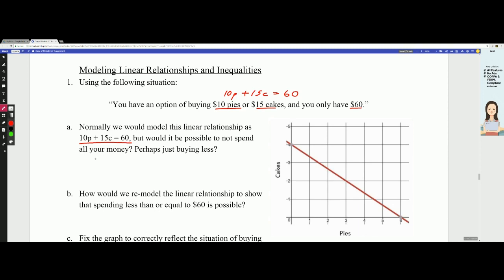Now, is it possible not to spend all your money? Yes. Perhaps buying less? Of course. I would imagine it'd be much more difficult if you were to go out spending money at a store and you were told that you have to spend exactly $60.